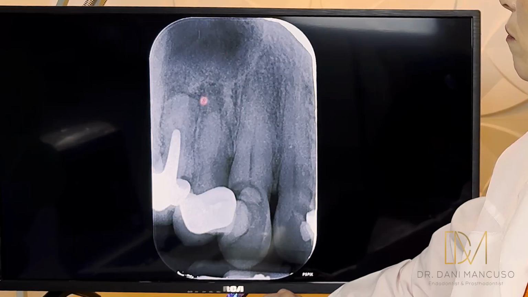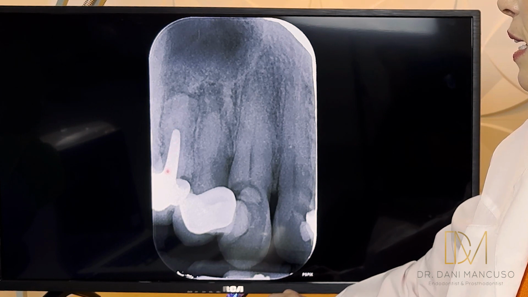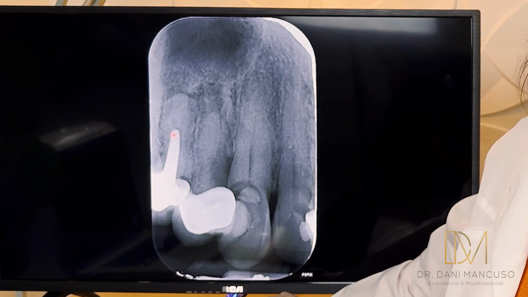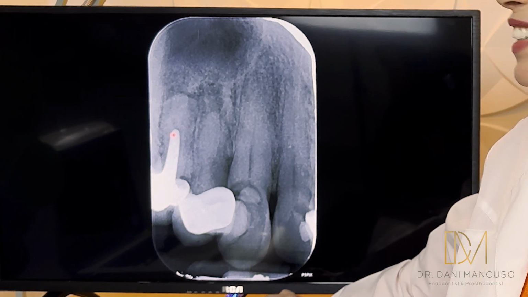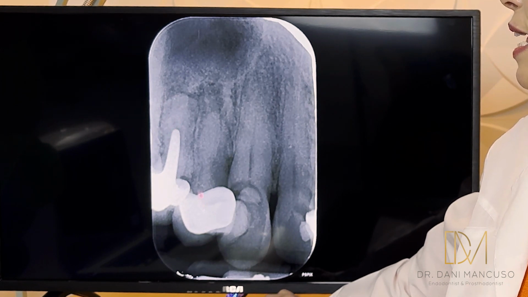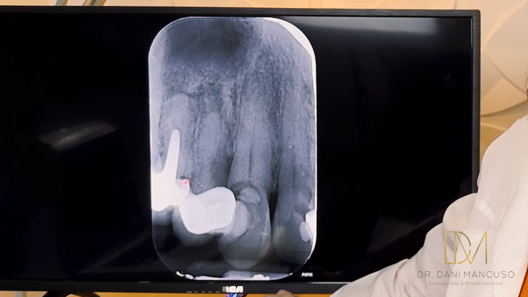This case was referred to me, and as you can see, it has 3 teeth with problems in the upper right quadrant. The patient was having pain and there was a buccal fistula between the upper right 4 and upper right 5. As you can see here, there is a deep metal post, untreated canals, and mesial caries on the upper right 5.